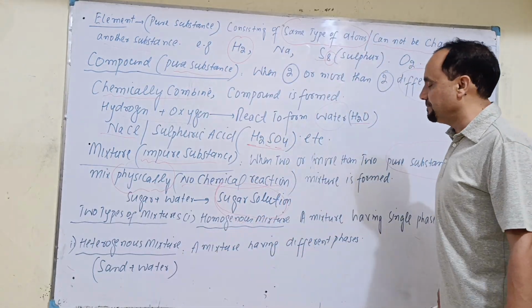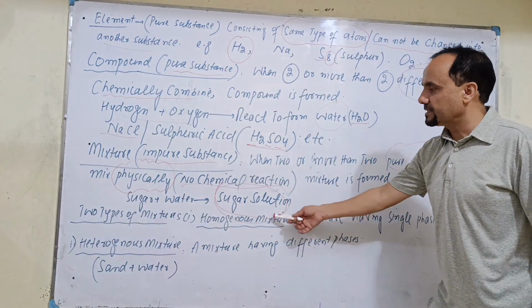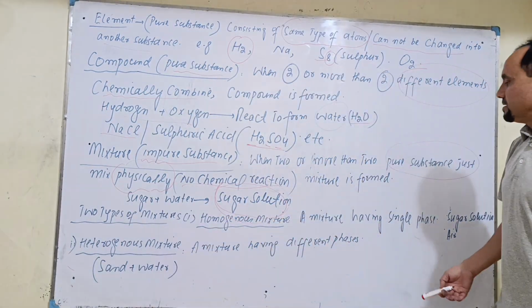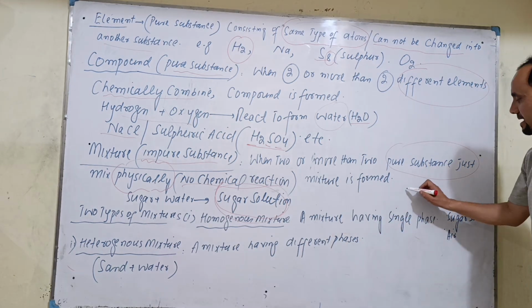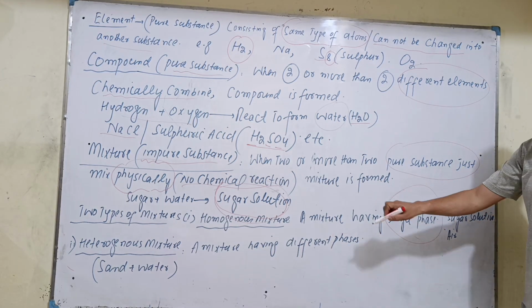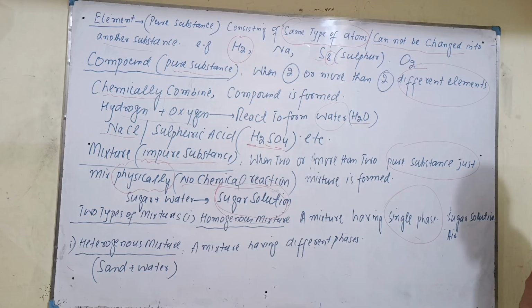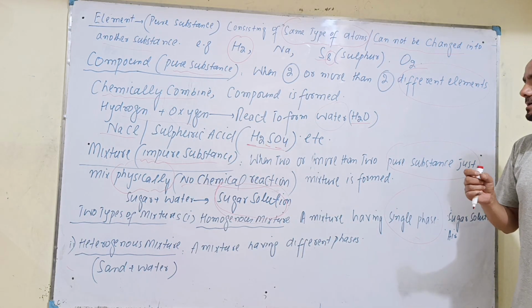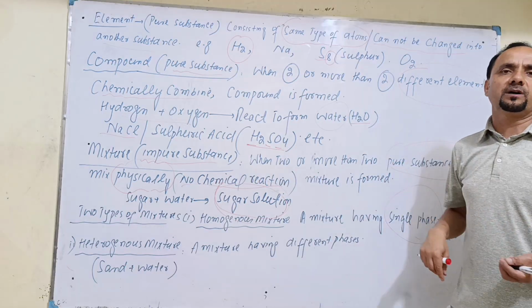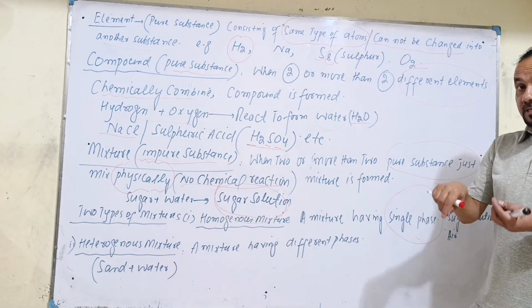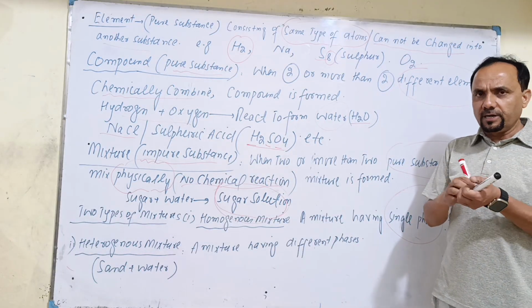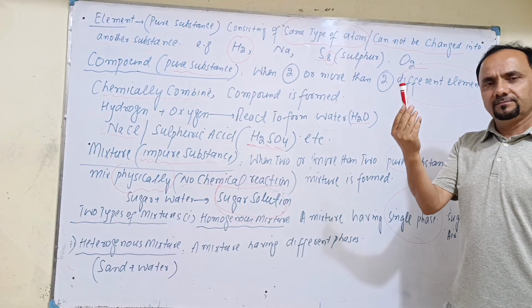There are 2 types of mixture. One is homogeneous, the other is heterogeneous. Homogeneous mixture means a mixture having a single phase. Now what is the meaning of single phase? If you have a glass that contains some water, dissolve some sugar in that water. And after dissolving the sugar, look at that glass.